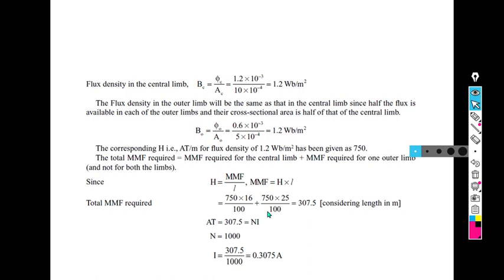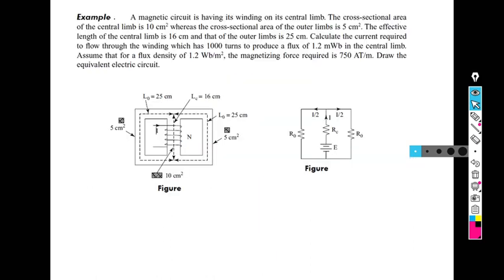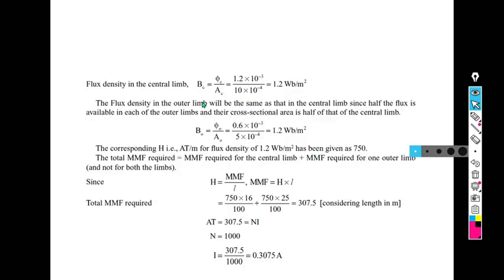So here H is given as 750 ampere-turns per meter, which is H times L, with L being 16 centimeters. In both cases B naught is the same. But the length is different, 25 centimeters, and the MMF is 750 and 1000.